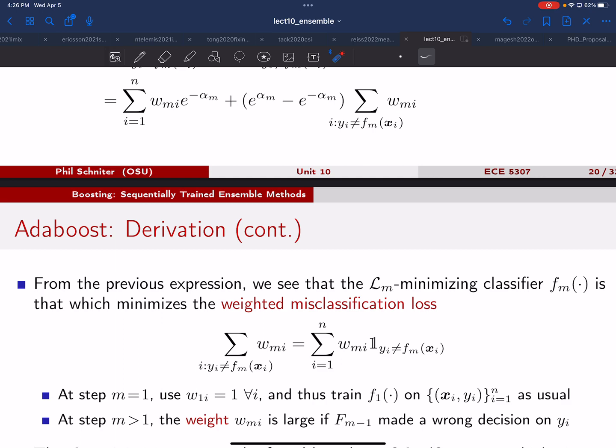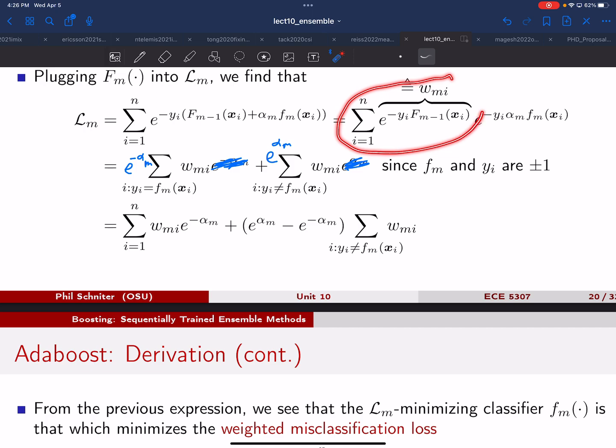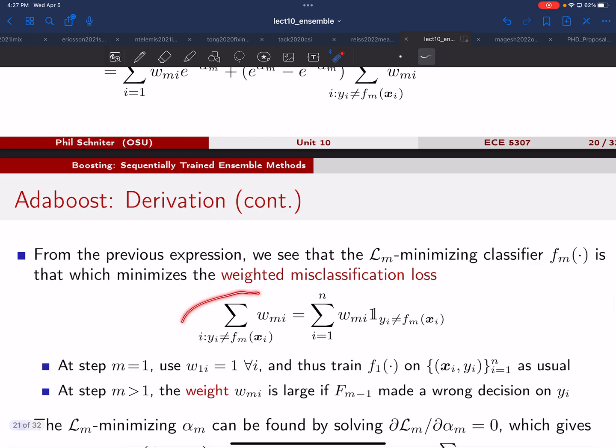And now it's a little different because the weights are not 1, so sometimes when we make an error, it's going to count more or less than 1, depending on what happened in the previous stage, because these weights are completely determined by this value from our previous stage boosted classifier. Okay, so that's why we can think of this as a weighted misclassification loss.